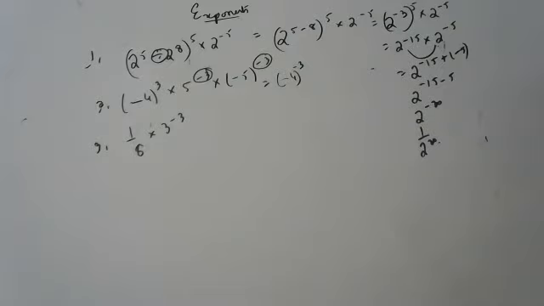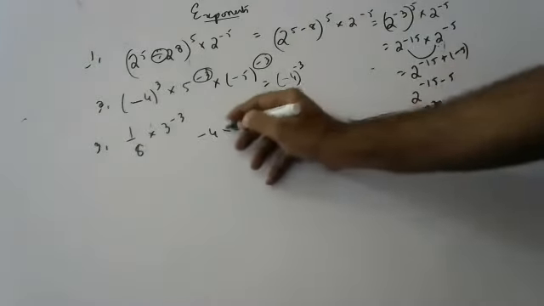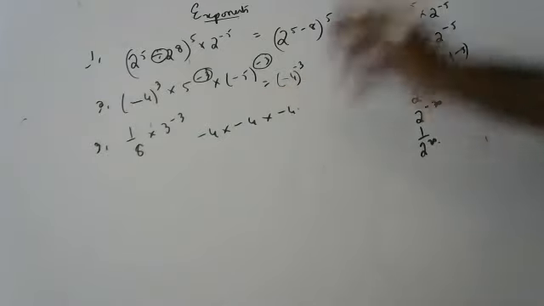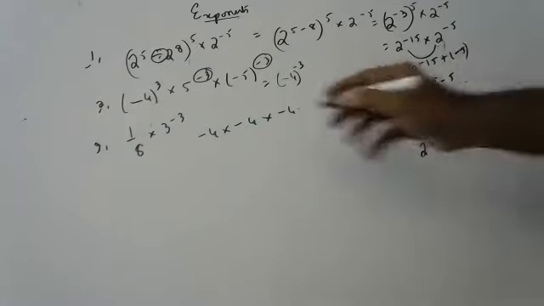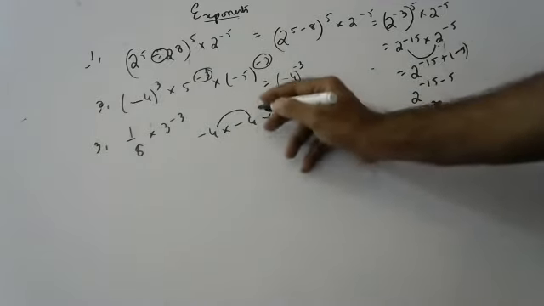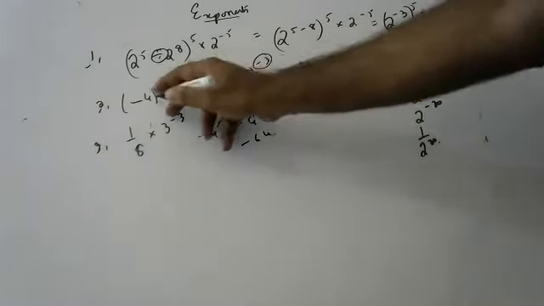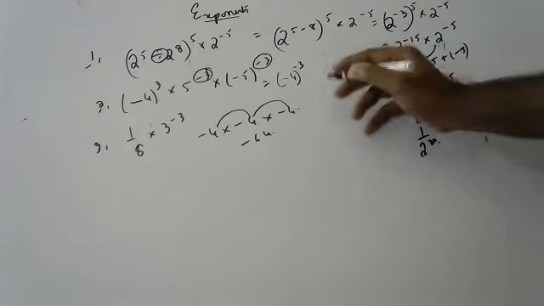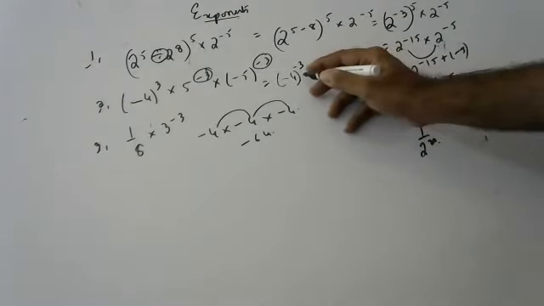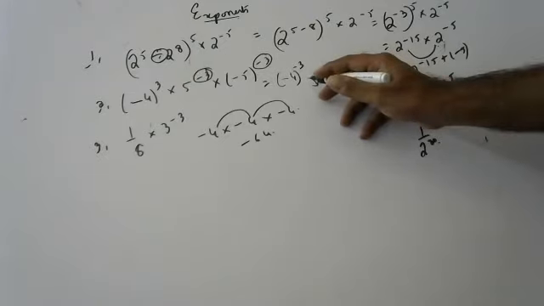Why am I writing it? Because minus 4 into minus 4 into minus 4 is minus 64. Now if I write minus 4 to the power of minus 3, then what will it become?